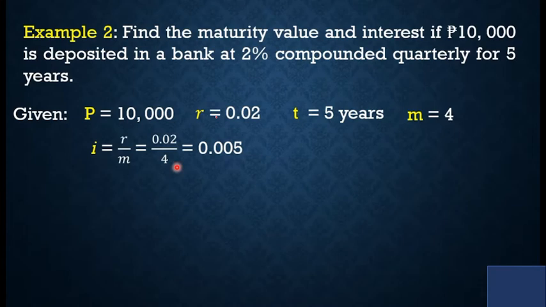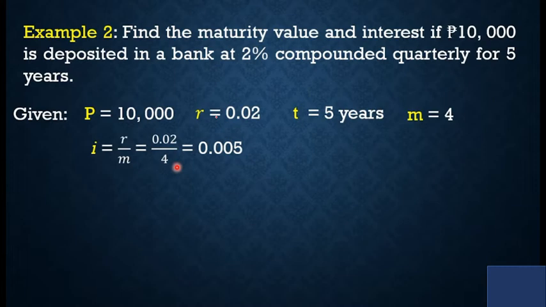Example: Find the maturity value and interest if 10,000 is deposited in a bank at 2% compounded quarterly for 5 years. Given: the principal is 10,000, the rate is 0.02, compounded quarterly.